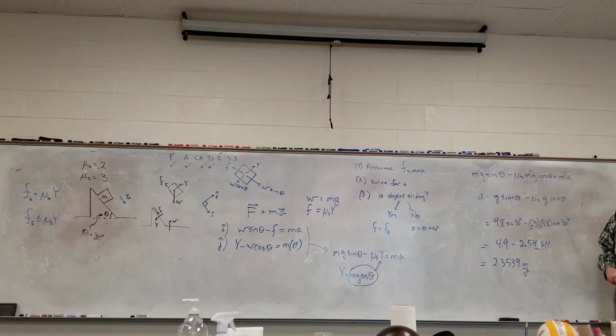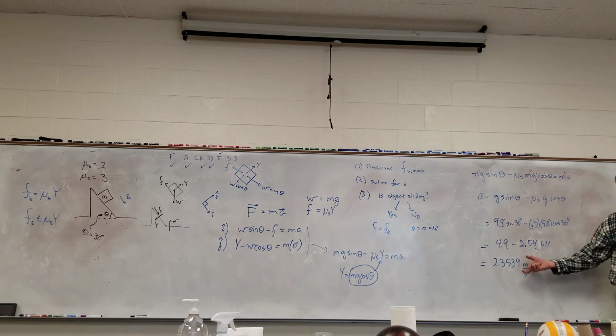All right, so we put it on the ramp there. Working through with the maximum static, we say that it's going to accelerate 2.3539 meters per second squared. Is that a positive or negative number? Positive, and we said positive was down the ramp. Does it make sense this thing's going to accelerate down the ramp? Yes.